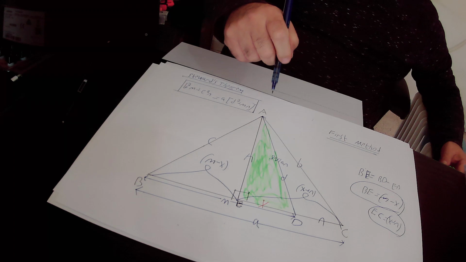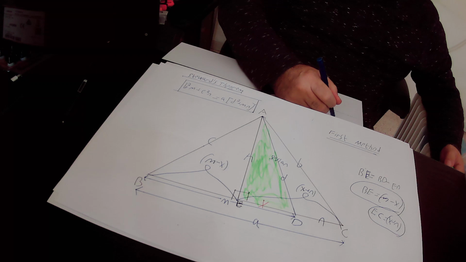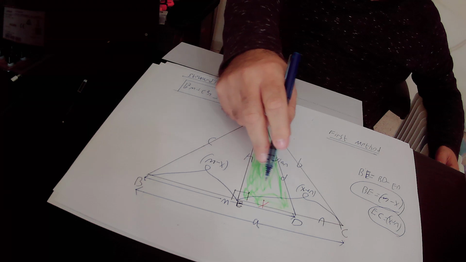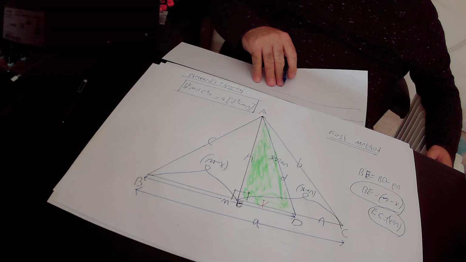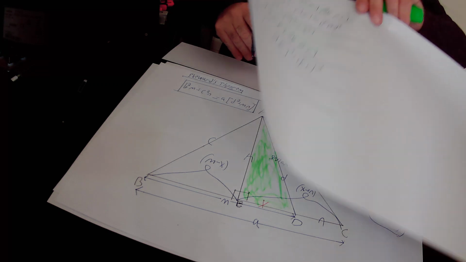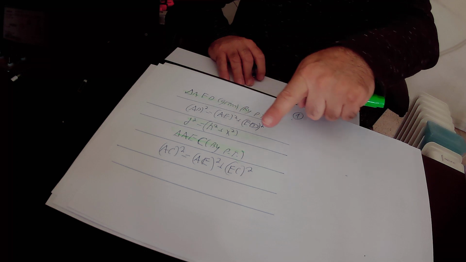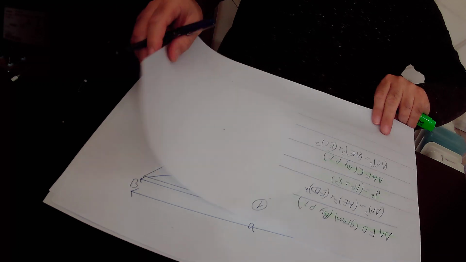In the right triangle AEC, according to the Pythagoras theorem, AC squared equals AE squared plus EC squared. This will be equation number 1.